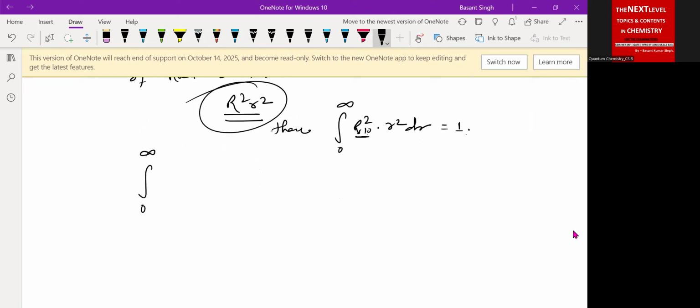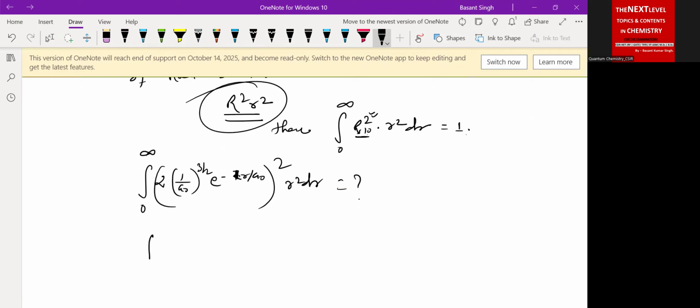R10 is 2 times 1 by a naught to the power 3 by 2 and e to the power minus Z r by a naught, and Z is 1, so put 1 here, and r square dr. I have to find what is the value.